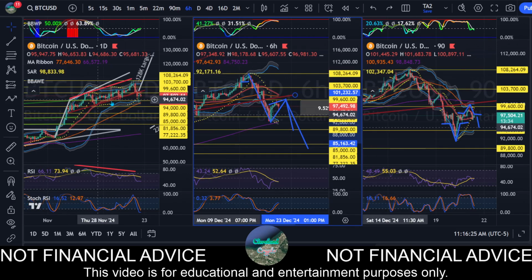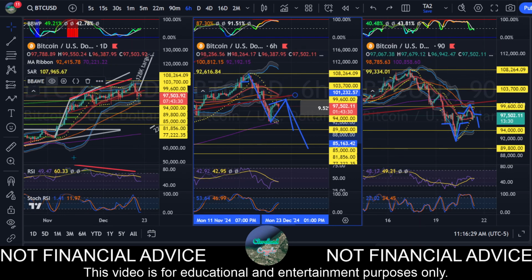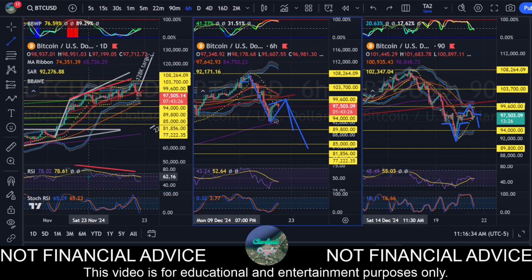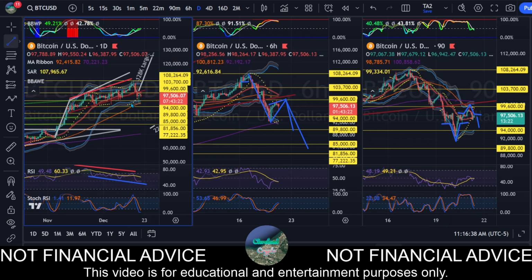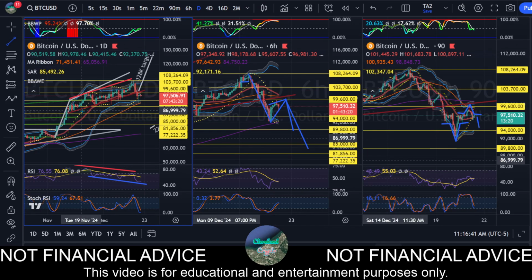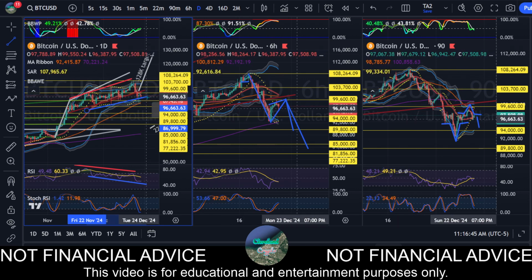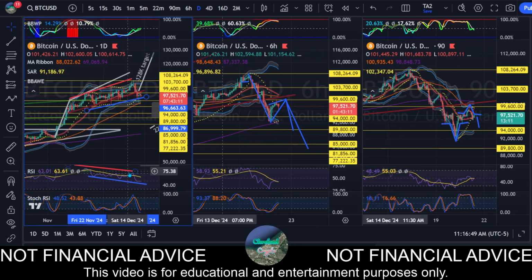Now, do we see any bullish divergences? I mean, we're still kind of seeing the bullish div here on the daily as well. Here, I'll just draw it. You got your RSI putting in lower lows, and price action putting in higher lows. So there is a bullish div here as well, along with that bearish div.